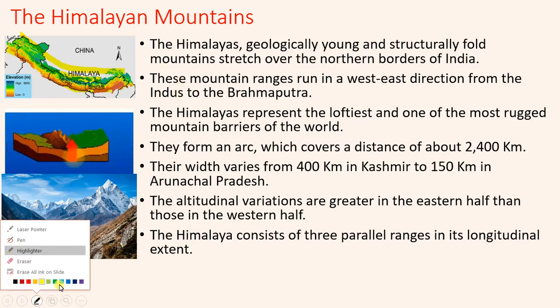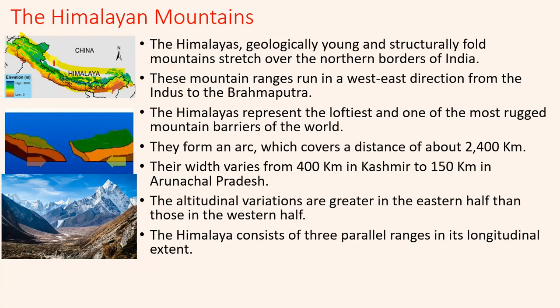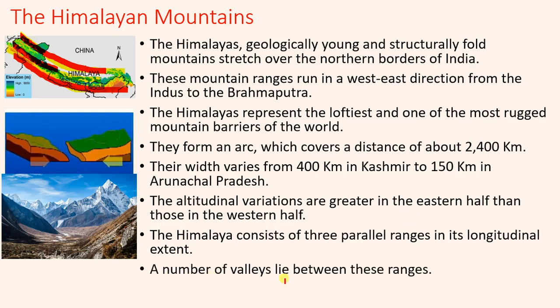Suppose one is like this, one more is like this, and the third one is like this. So there are three parallel ranges of Himalayan mountain. A number of valleys lie between these ranges, low-lying areas are found.